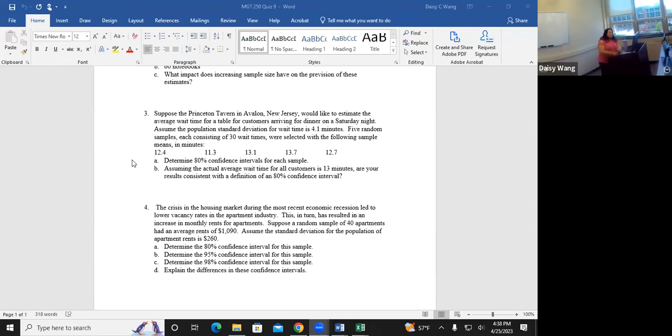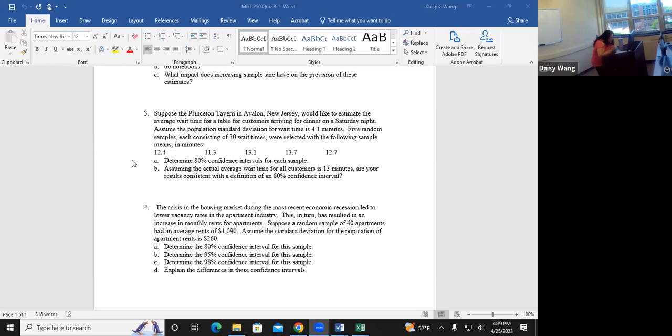So for this one, they want to check the wait time for a method. The population standard deviation of the wait time is 4.1 minutes, and they select 5 random samples, each with around 30 different wait times, and these are the averages of those wait times: 12.4, 11.3, 13.1, 13.7, 12.7.